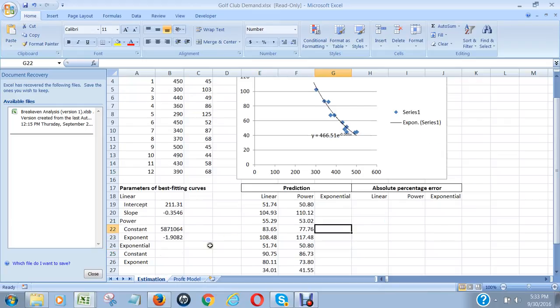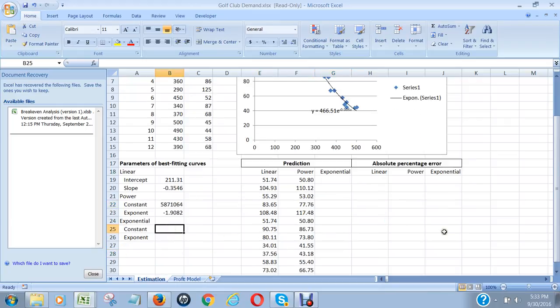4.6651E2. Okay. So that means that the constant is 466.51.